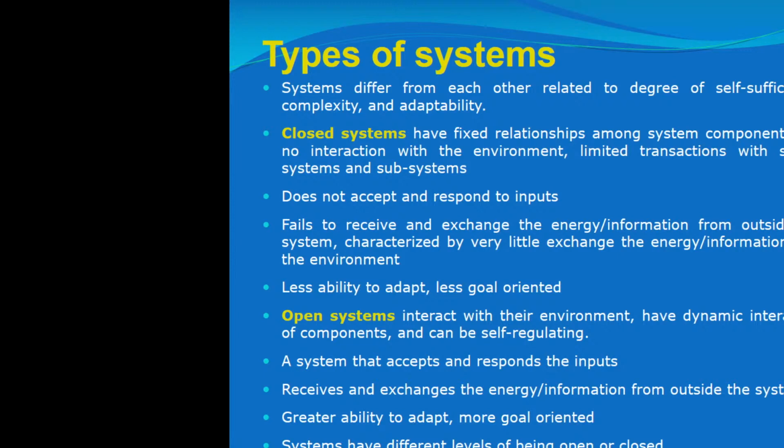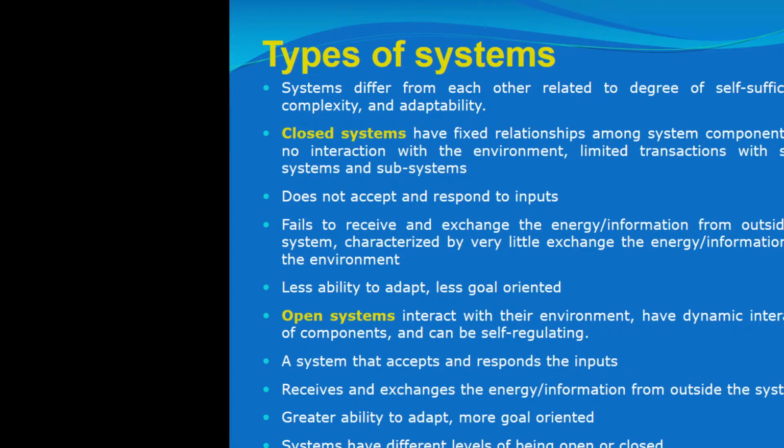A closed system does not accept and respond to inputs, fails to receive and exchange energy or information from outside the system, and is characterized by very little exchange of energy or information with the environment. If we're talking about closed systems, they have less ability to adapt and are less goal-oriented.